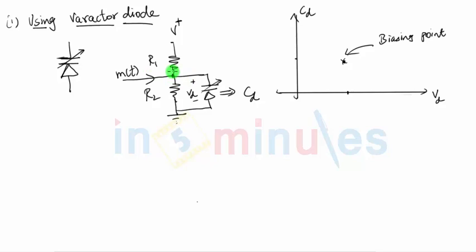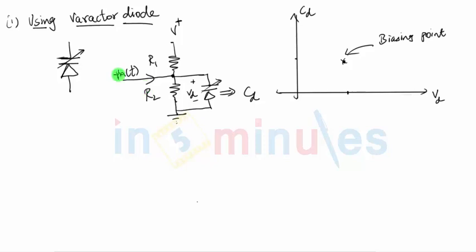If you calculate the overall voltage across R2 in the form of VD, it is going to be a constant DC voltage, R2 upon R1 plus R2 into V plus, which will keep the varactor diode biased at a specific point, making it offer capacitance of CD. And now you will apply the AC voltage m of t. If it is a single sinusoidal signal, as per our assumption, it will be a single AC signal.